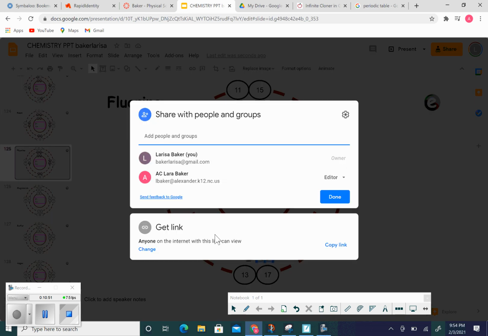You're going to copy the link, and then you're going to go to the 213 or the W213 and submit that link to me. Once you have done that, copy all of the slides from the 210 and put it in your interactive notebook.